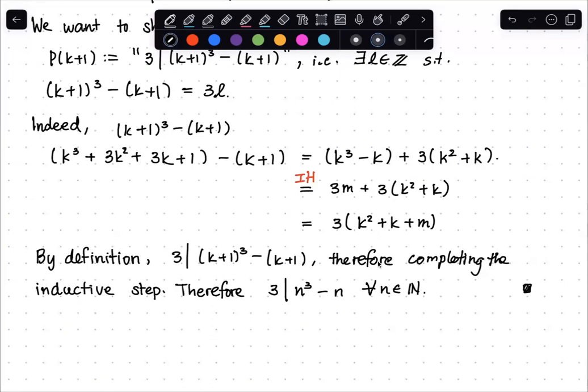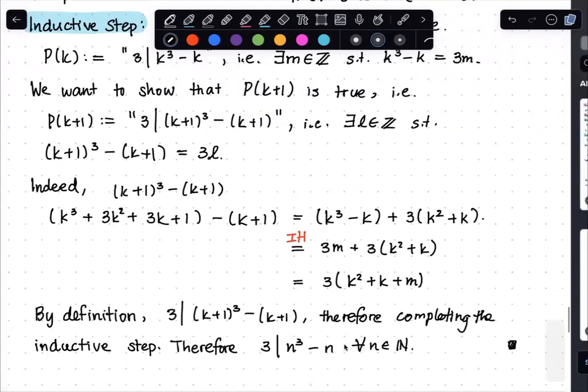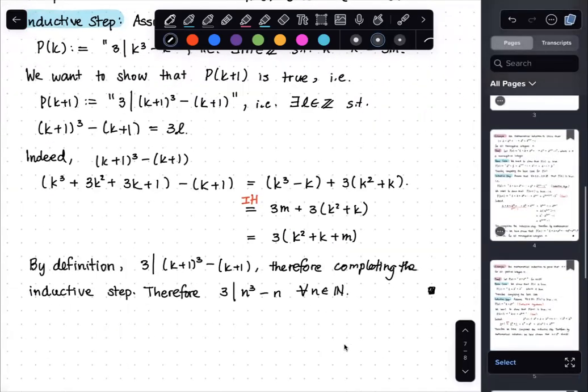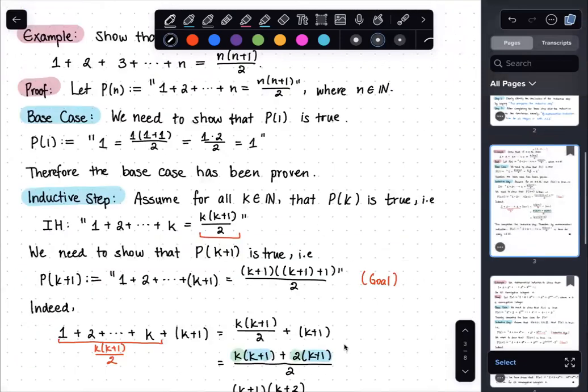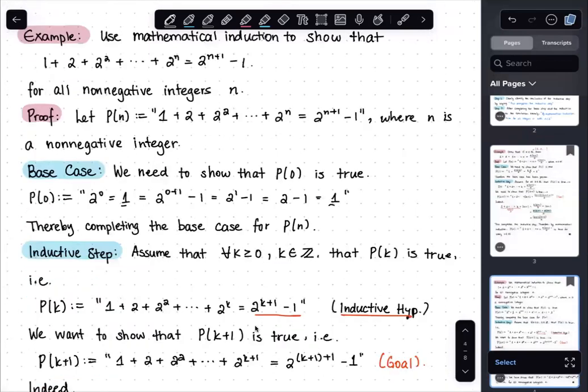Okay. So that is going to wrap things up for mathematical induction. So we went through plenty of examples. The first example that we went through was the sum of first n natural numbers. The next example we went through was series progression.